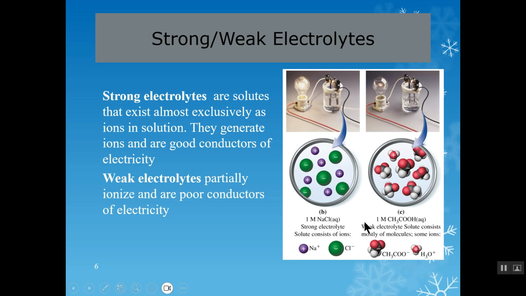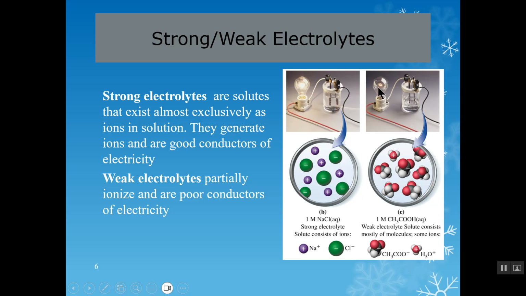Now, the solution that we're looking at here is a solution of acetic acid. Acetic acid is an acid which is a weak electrolyte, and that's because when you add acetic acid to water, not all of the acid molecules will be converted to ions, all right? So basically, for the same molarity of each of these solutions, the acetic acid will have fewer ions, and therefore, because it has fewer ions in the aqueous solution, it does not conduct electricity as well, and that is demonstrated here.